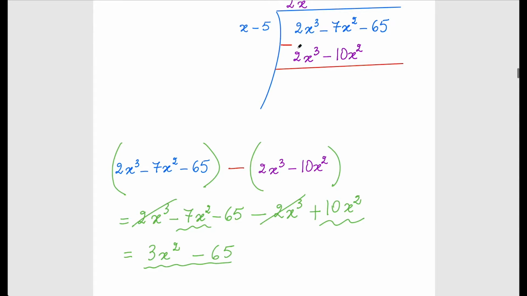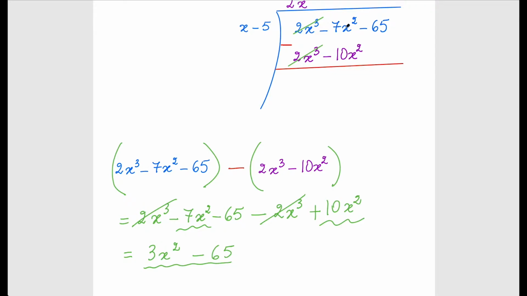So keep in mind, that's the model that you have, but vertically. So 2x cubed minus 2x cubed, this is what happened here, right? That's 0x cubed, so no more x cubed. And then the negative 7x squared minus the minus, that becomes a plus 10x squared.